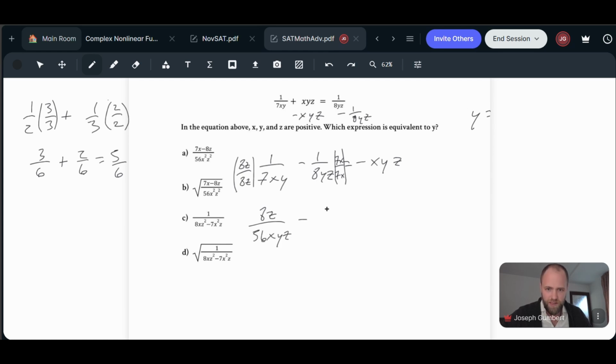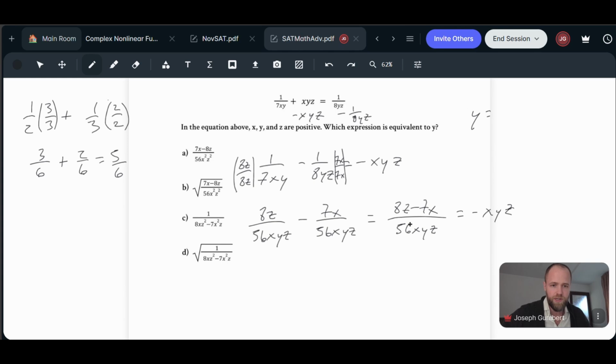And then I'm going to subtract 7x over 56xyz. Now that I have the same denominator, I can combine these fractions. So this is just going to be 8z minus 7x all over 56 times xyz. And that, if we remember from this part, is equal to negative xyz.